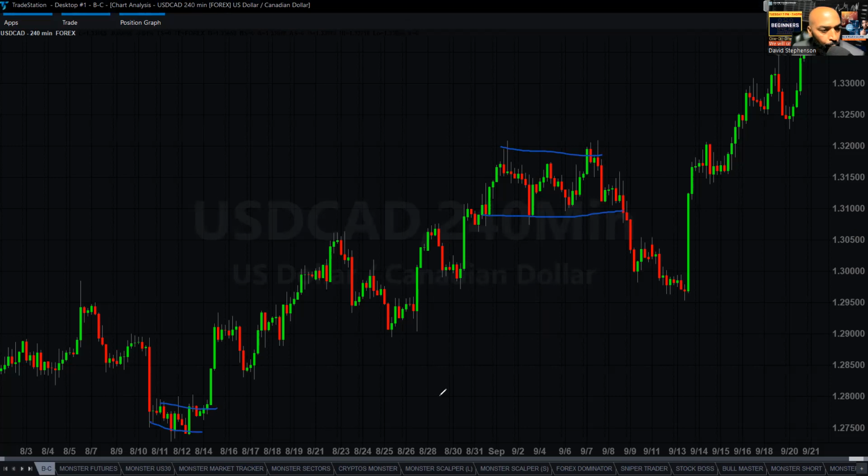Resistance here, support here. We have some resistance right here. So here is where we cage price. We can say a little bit, not here.